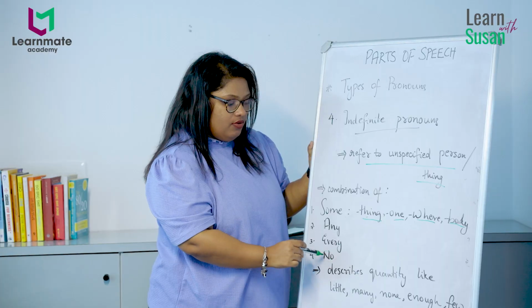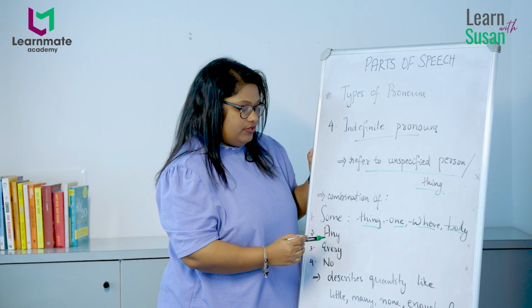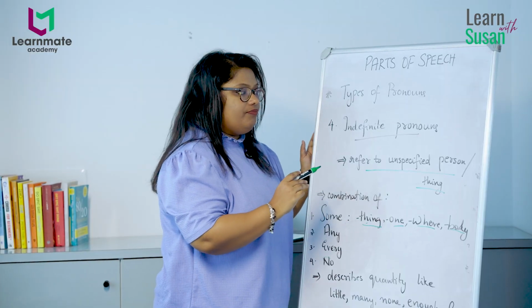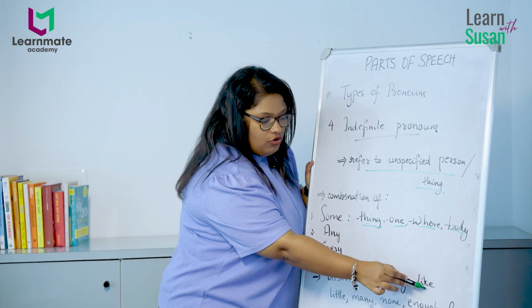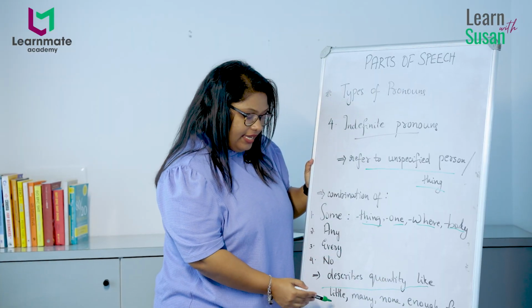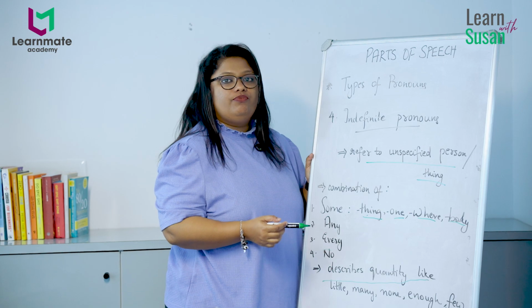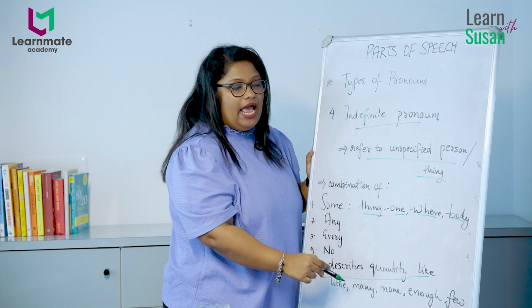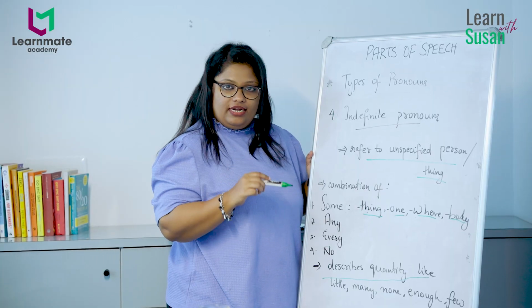So this is how some of these indefinite pronouns are used. And also these indefinite pronouns can be used to describe quantity, like little, many, none, enough, and few. So these are the different aspects where indefinite pronouns can be used in English grammar.